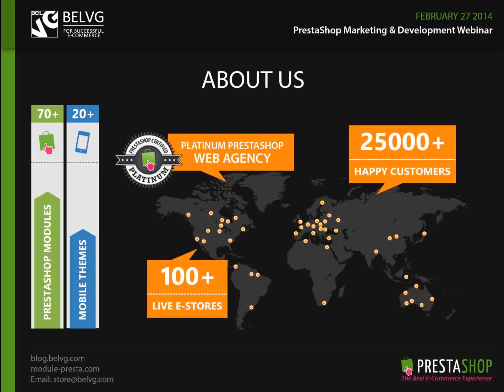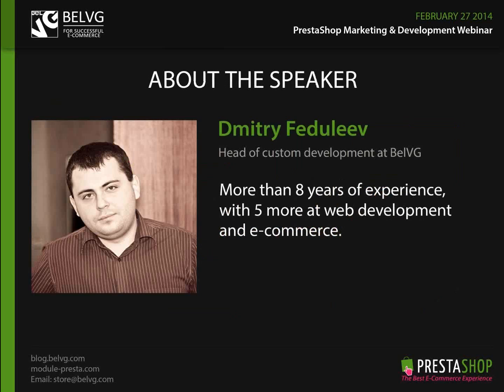It's custom solutions based on the Prestashop platform, and the second area of expertise is development of Prestashop themes. We developed more than 70 themes available on the Prestashop market, and also more than 20 mobile themes. We have customers from around the world buying our themes and asking for customizations.